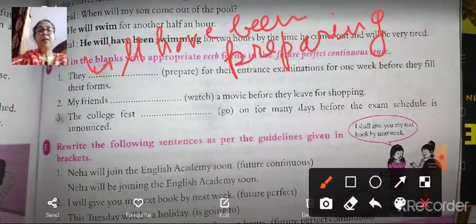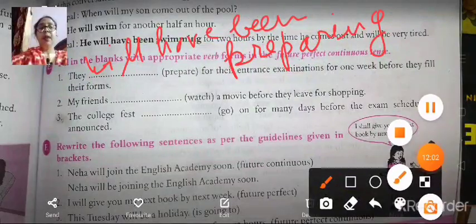Now in second, my friends, dash, watch a movie before they leave for shopping. Here you can see the verb given is watch.